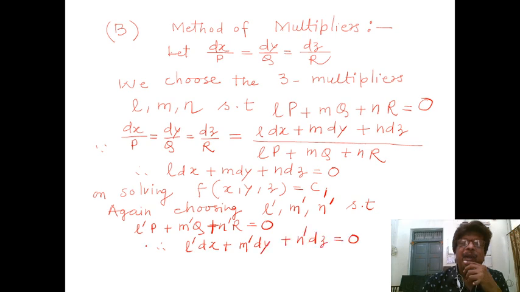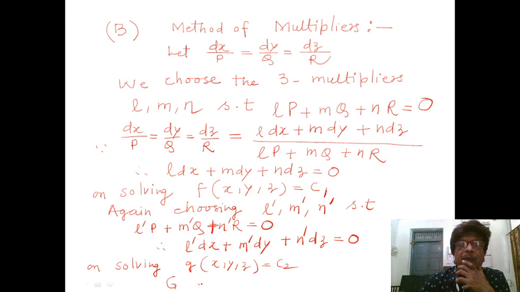Again, on integrating this, on solving, we get again, say g of xyz equal to c2 and the general solution is, say, phi of c1 comma c2 is equal to 0.